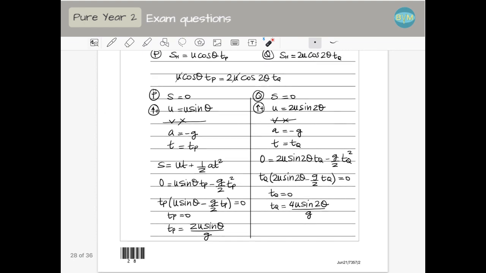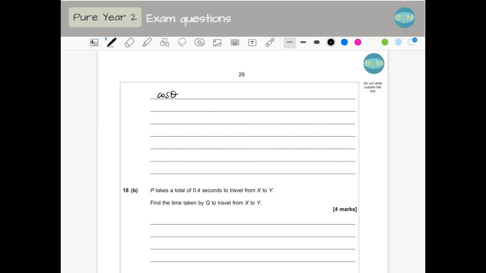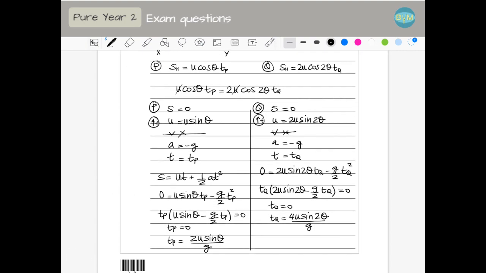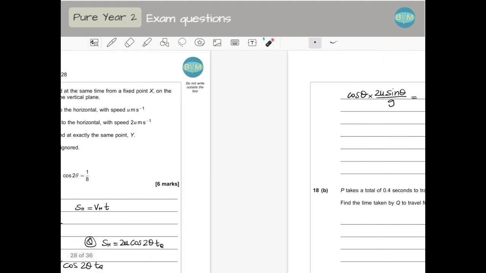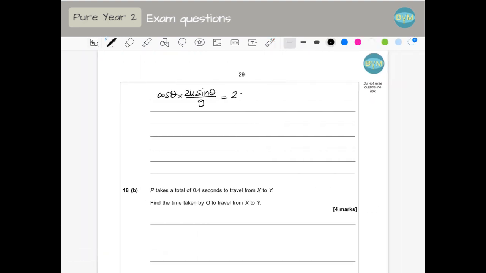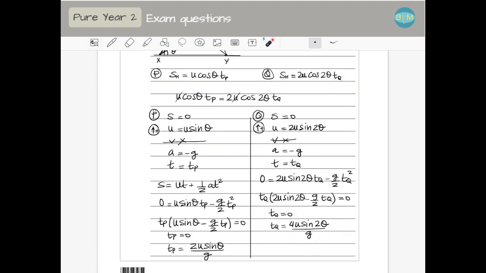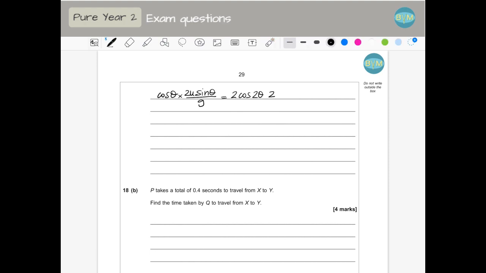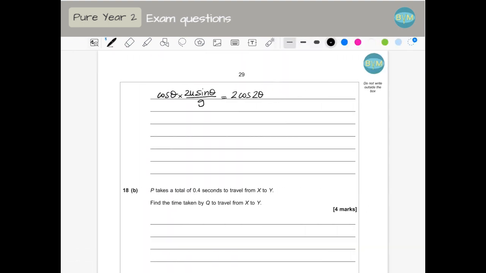I have cos θ times tP, and tP is 2u sin θ divided by g, so times 2u sin θ divided by g is going to be equal to 2 cos 2θ tQ, and tQ is this expression here, 4u sin 2θ divided by g.